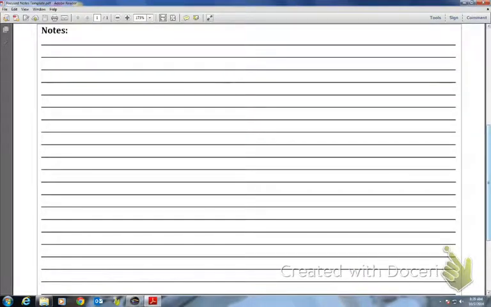So down here in our notes section, we're going to learn in this class at least 4 different ways of how to graph a line. So the first way you can graph a line is using 2 points like we did yesterday.